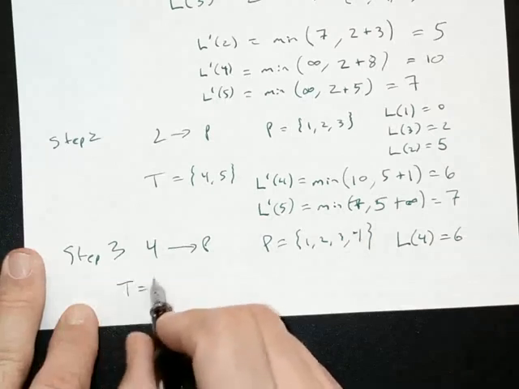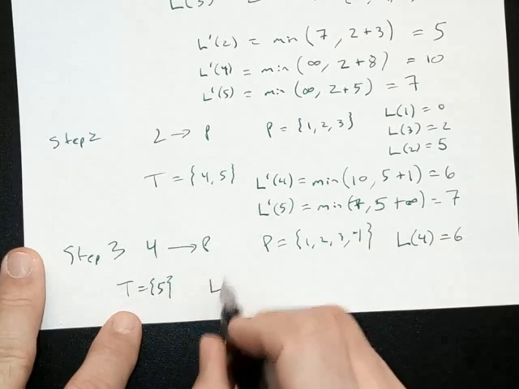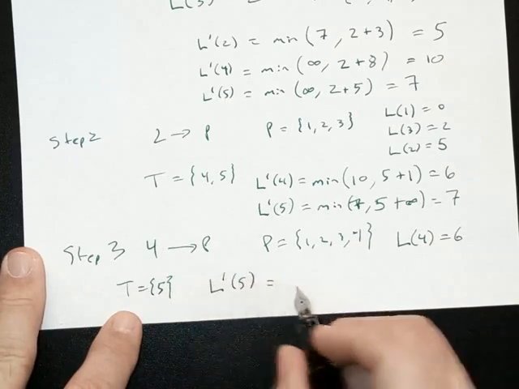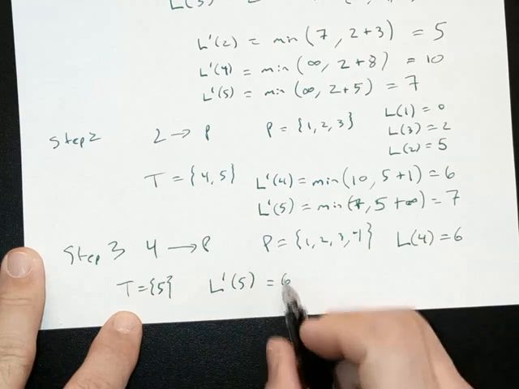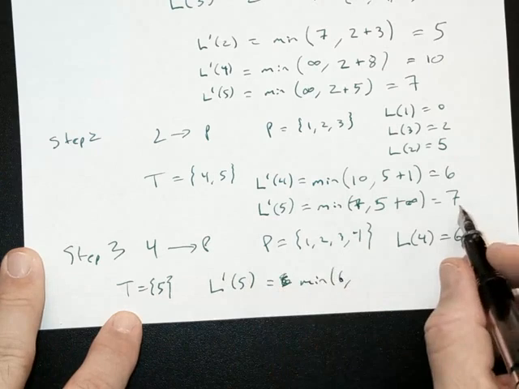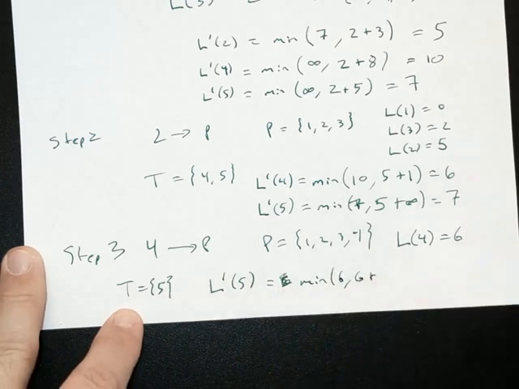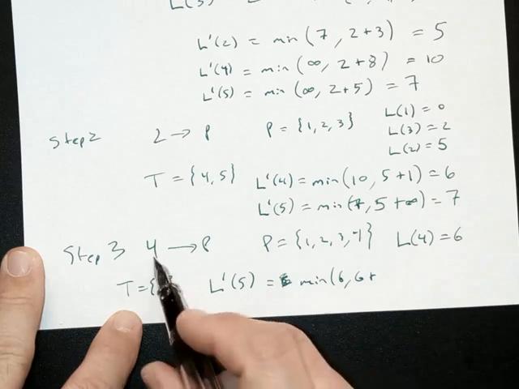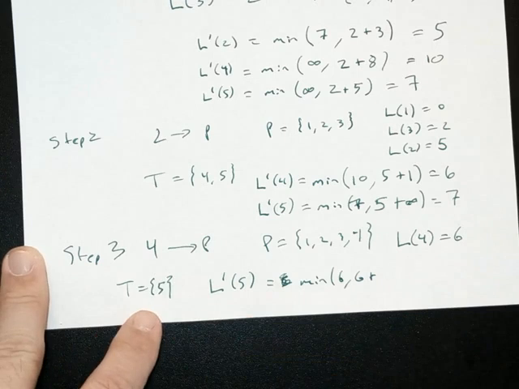This means that my temporary set consists only of 5, and the new temporary label on 5 is either 6 or the label we just made permanent plus the cost to go from 4 to 5. What's the cost to go from 4 to 5?